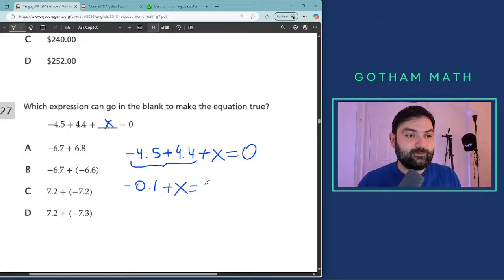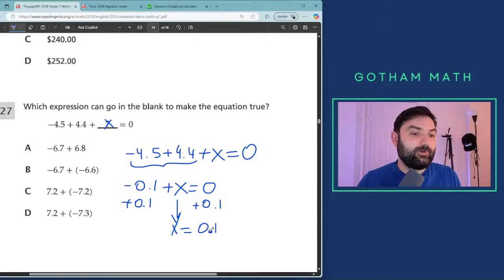Plus X equals 0, which we're going to add on both sides to leave our X by itself, right? Like that. So the X will equal 0.1.